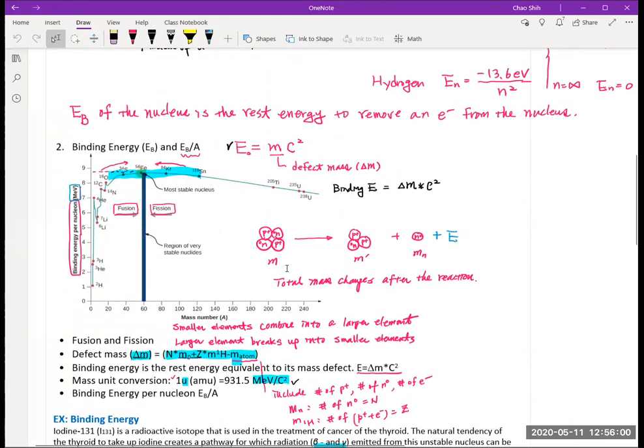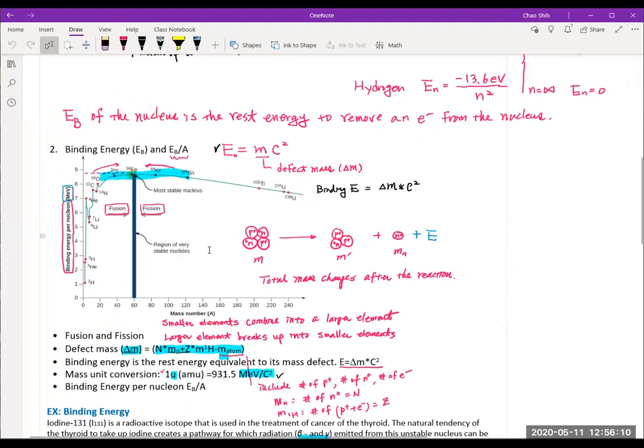And then we use this graph to show you the binding energy of an atom. If the size of the atom starts to change, in some place you're going to have the most stable one. The competition over here is between the electric force and the strong force. You have to know what the strong force is.